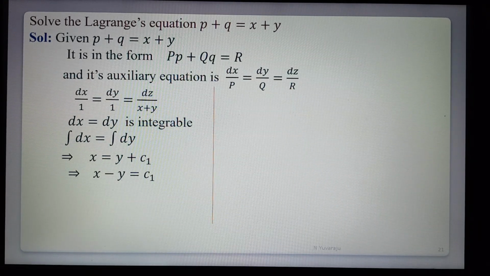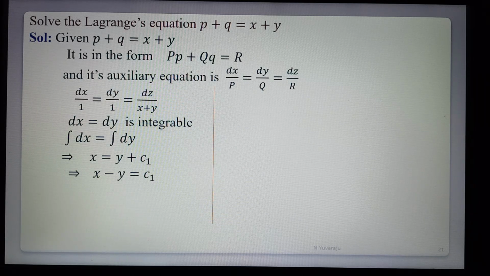And finding the second solution, using the one solution we can find the second solution here, or otherwise you can also choose multipliers.